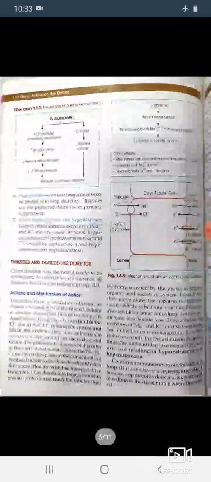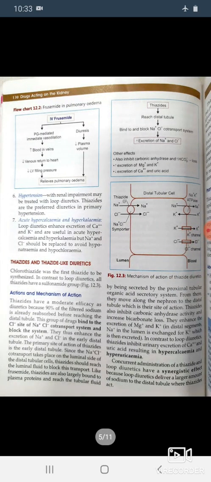So that is forced diuresis. The sixth use is hypertension. As we have discussed, by increasing the excretion of water, they reduce blood volume, and by reducing blood volume, they reduce blood pressure. So in case of hypertension, they can be used to reduce blood pressure. And the seventh use is acute hypercalcemia and hyperkalemia.